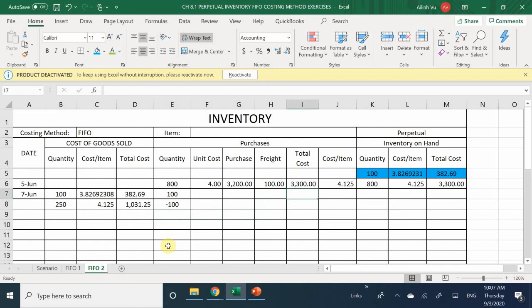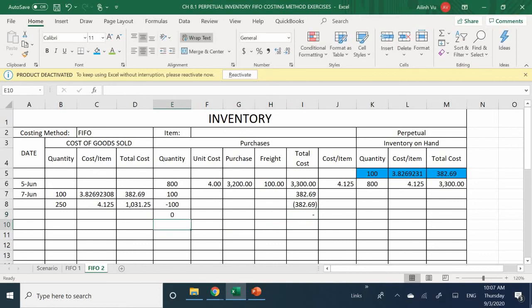So in this case, what was this one? 382.69. And we're subtracting 382. I'm just basing it from your presentation, your explanation. So those are zeroed out. Then what?